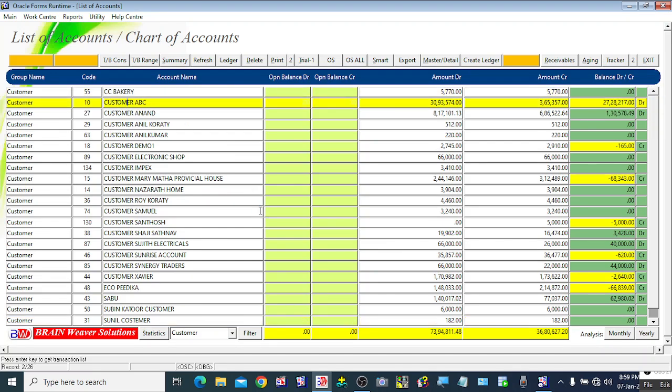You can make proper follow-up with each customer by looking at the receivable amounts in this list.